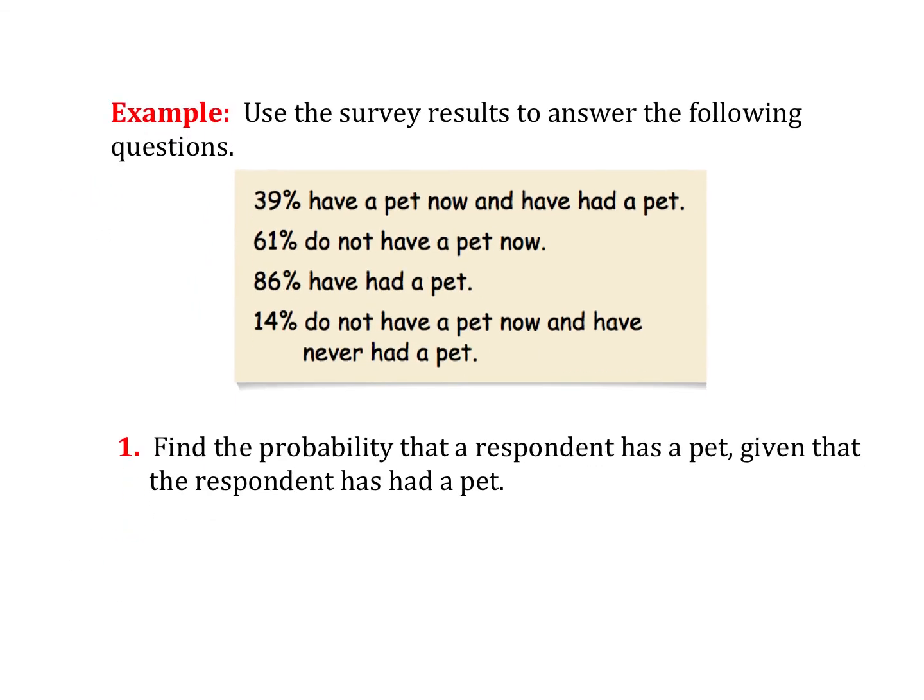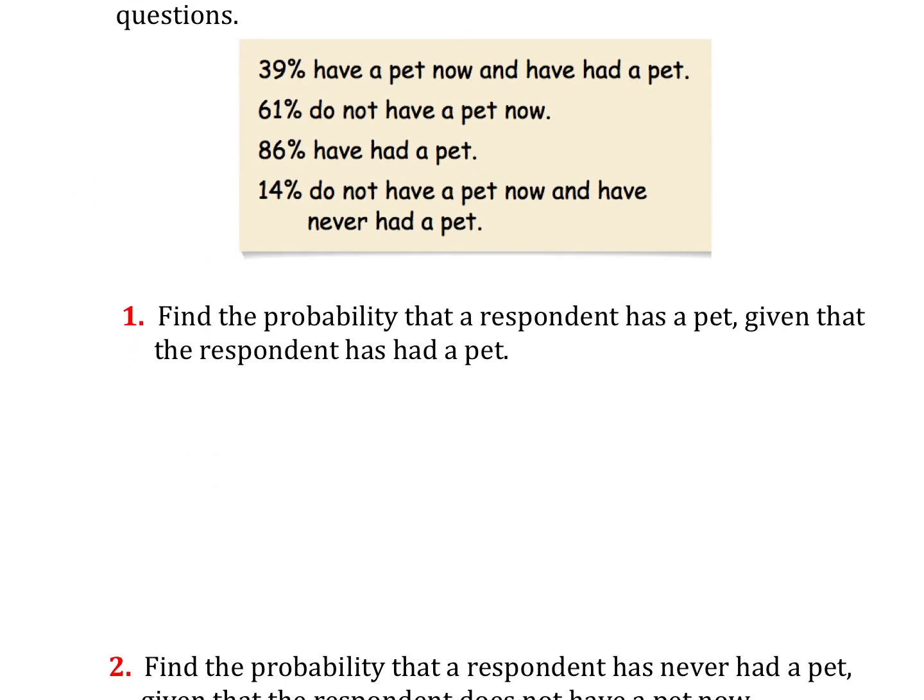First one, find the probability that a respondent has a pet given that the respondent has had. All right, so I want the probability that they have a pet now, given that they had a pet in the past.